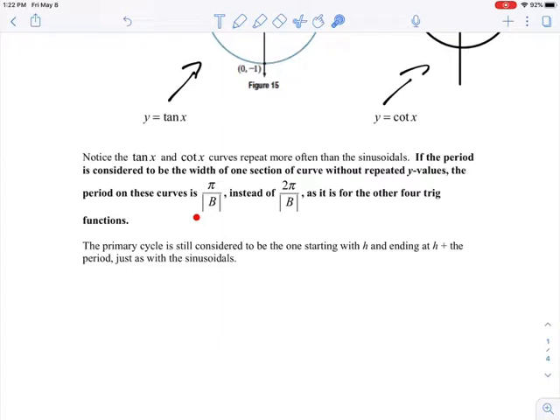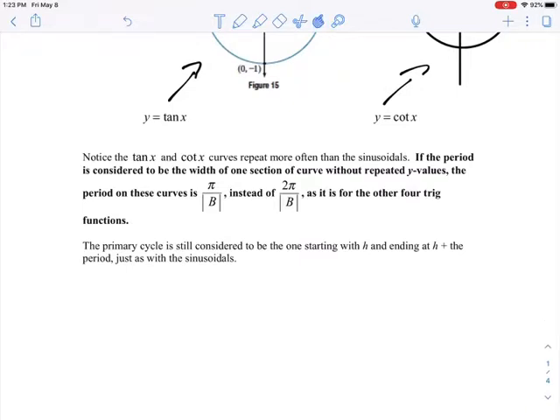That's really the only difference in these graphs as far as setting up everything. So primary cycle is still considered our h, and then our h plus the period as one primary cycle. So we're still going to do period over 4 for each notch.